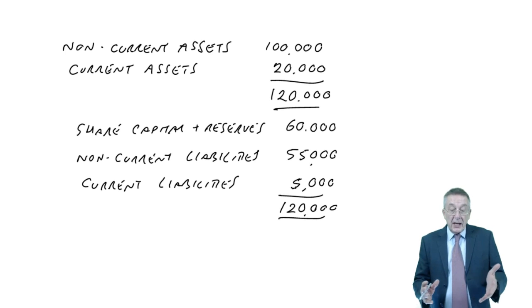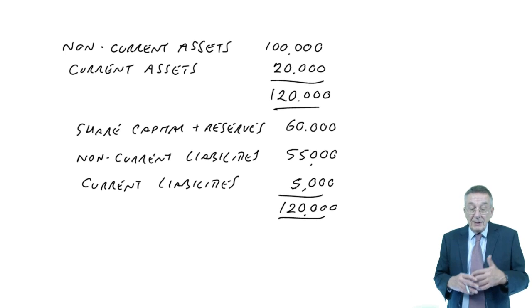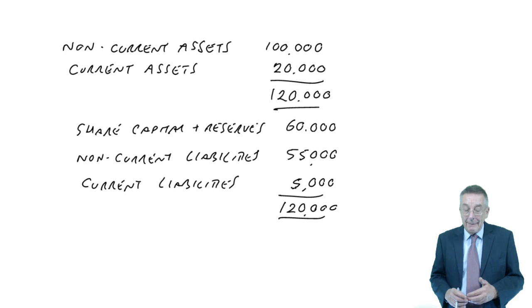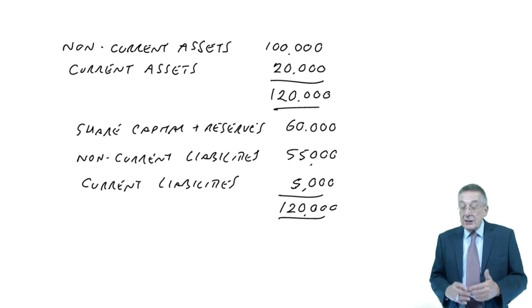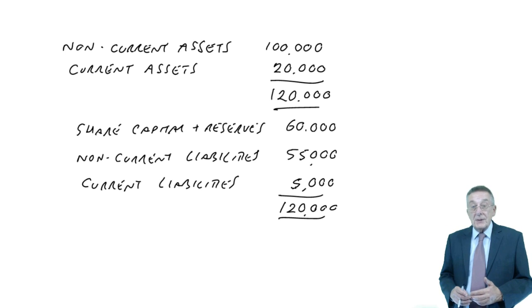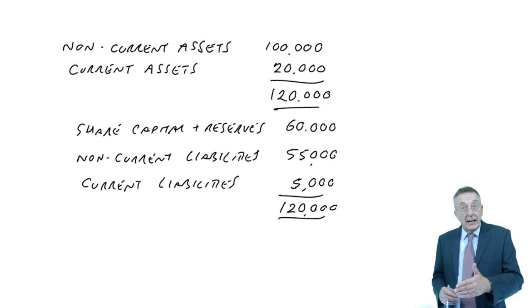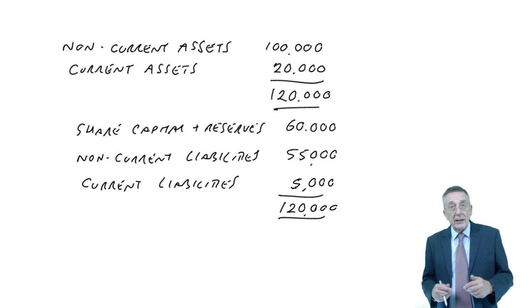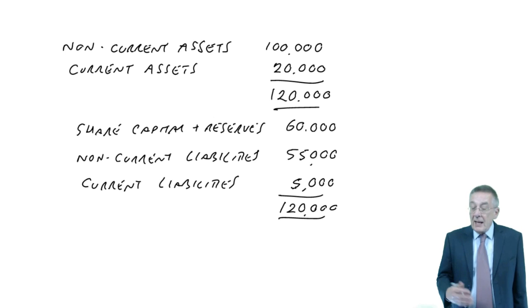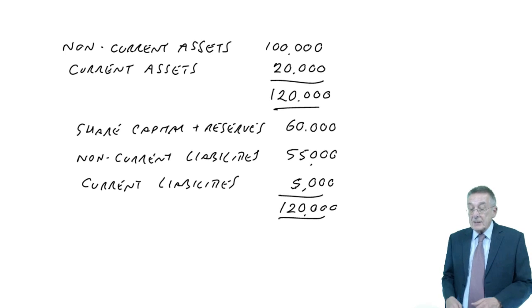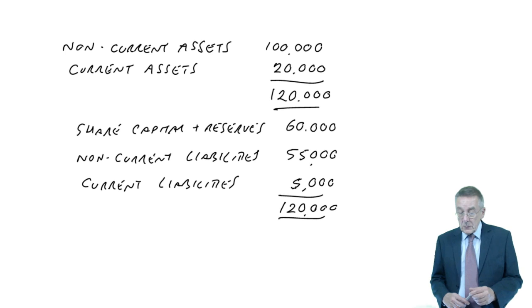You can see we've got non-current assets 100,000, current assets of 20, total assets 120. The share capital and reserves, the equity, the shareholders' money 60,000. Non-current liabilities, long-term borrowing, or long-term debt, 55,000. Current liabilities 5, so again 120.